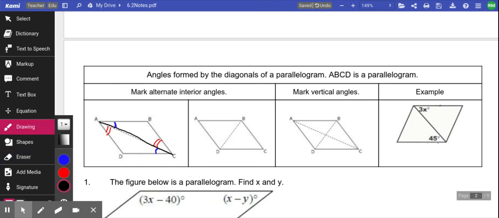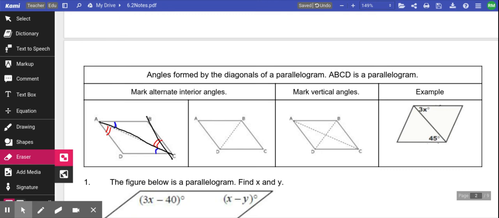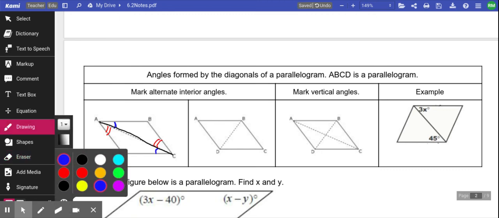If we look at it from this point of view, then the red angles touch parallel lines and the transversal. Okay, let's move on to the next. So here, very similar. And same reason, because you got two sets of parallel lines.